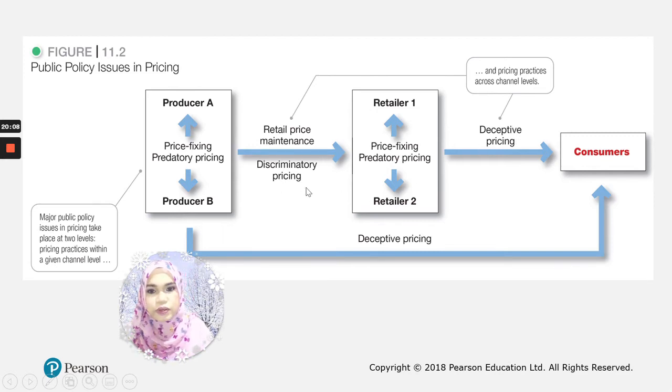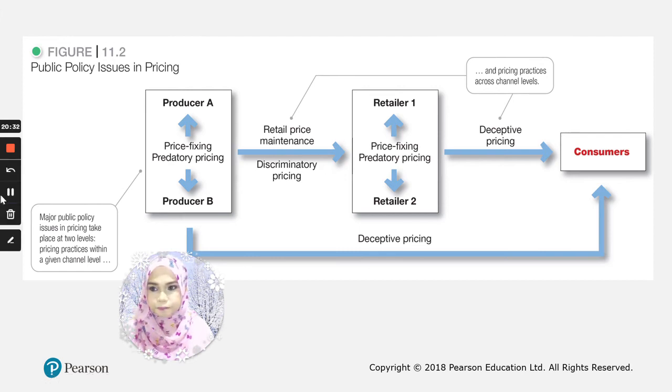While discriminatory pricing is when, let's say you're producer A, and there are retailer 1 and retailer 2. Because retailer 1 is very good to you, a good family friend, for example, you will charge or sell to retailer 1 cheaper. You discriminate against retailer 2. That can happen.